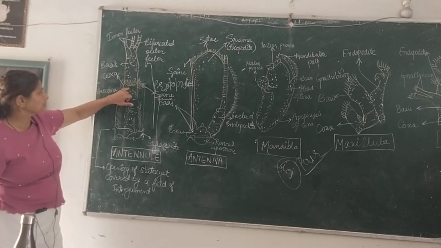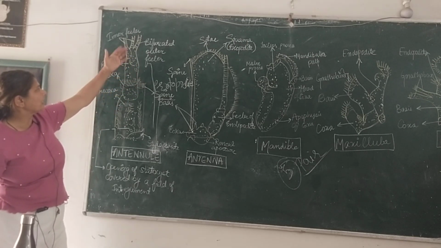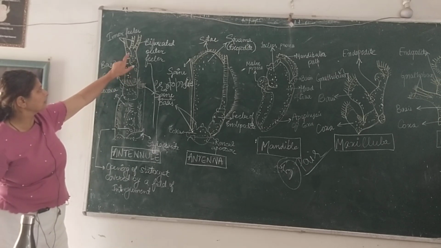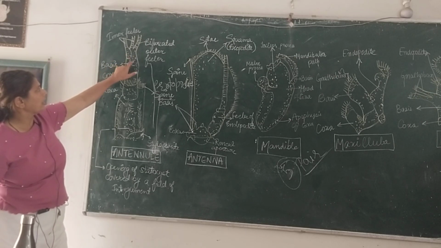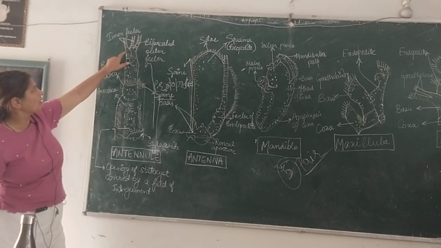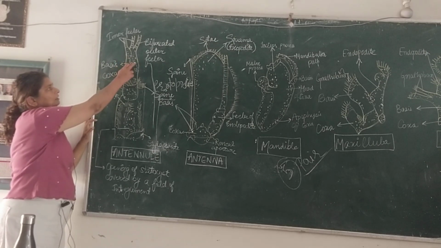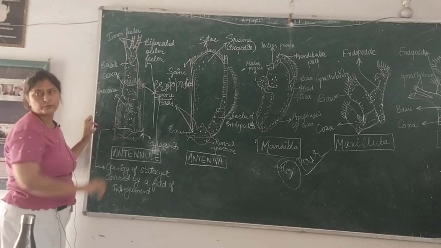The part which is attached with the coxa is plain, and the part next to it on the outside has two portions. This is called the internal feeler, this is called the external feeler. They are elongated, thread-like parts, like the antennae you saw moving in the cockroach.